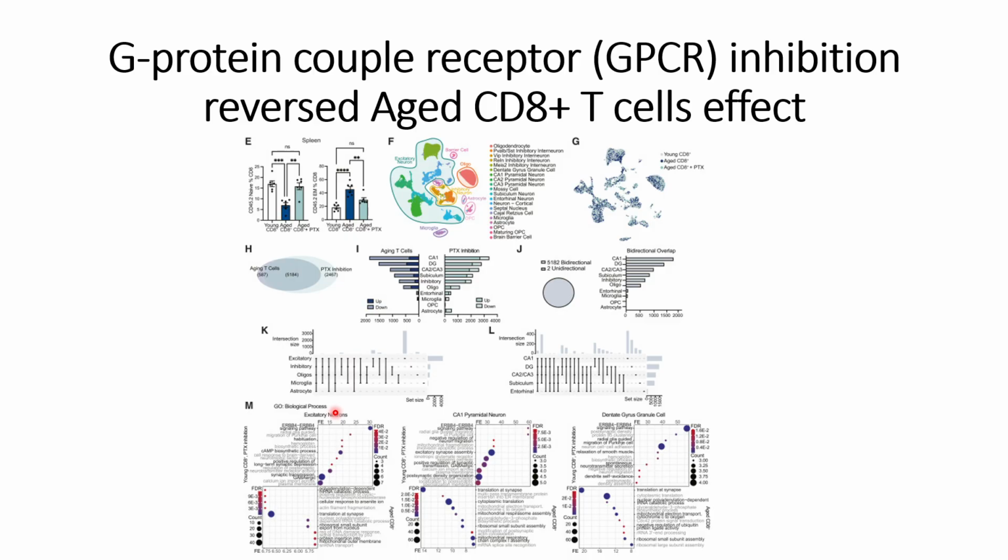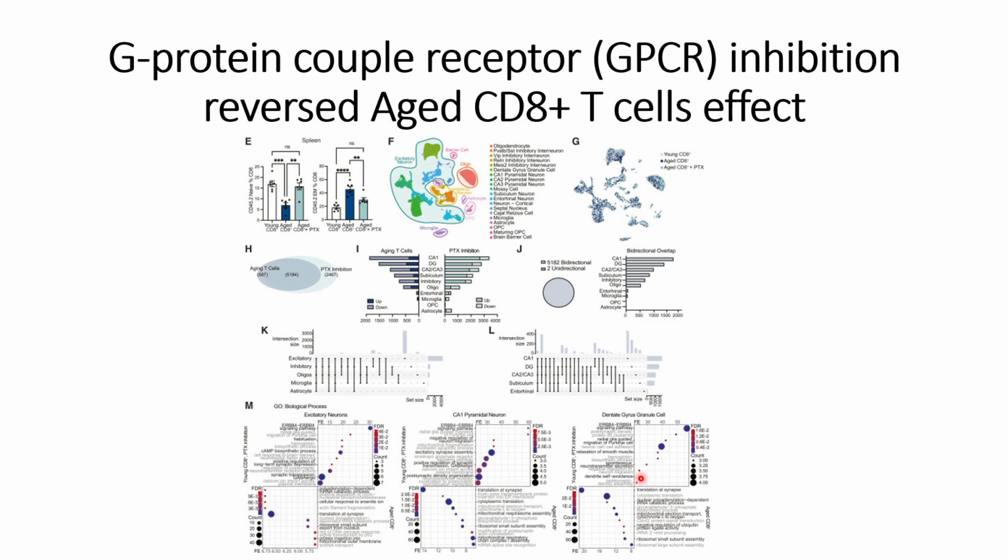the different conditions. And here also they are able to see that the young CD8 plus T cells and PTX inhibition pathways are almost similar, whereas aged CD8 plus T cells pathways are different. This is true. They checked it for excitatory neuron, CA1 pyramidal neuron, and dentate gyrus granule cells.